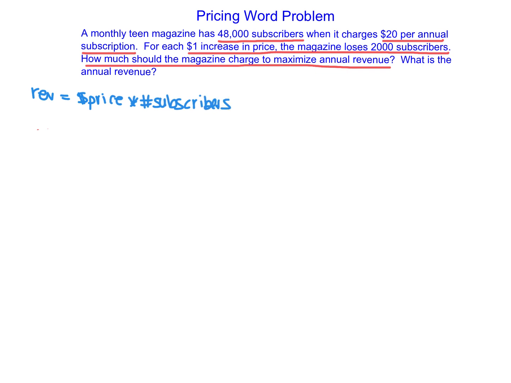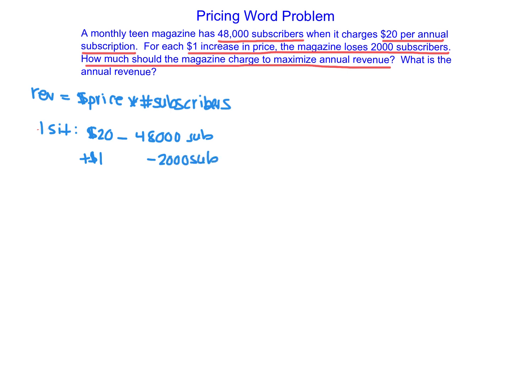So what we know here is that one situation that exists is that we charge $20 for our magazine and we end up with 48,000 subscribers. And what we also know is that for every $1 we add, we are going to lose 2,000 subscribers.